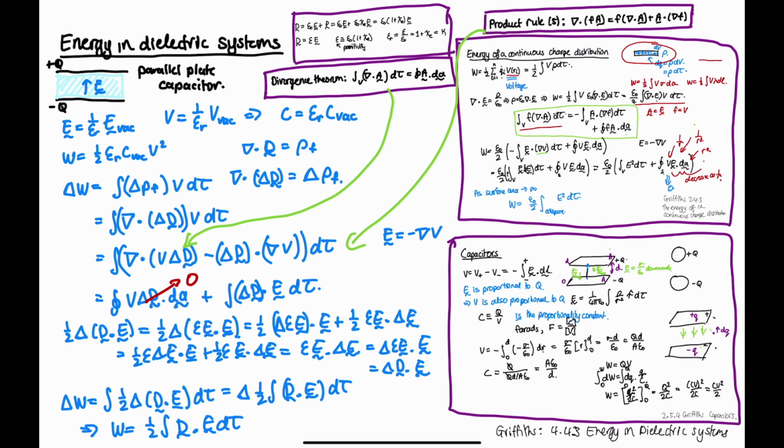Okay, so this equation tells us how much energy we need to apply to assemble a certain charge distribution with electric field E and displacement D when a dielectric is present.